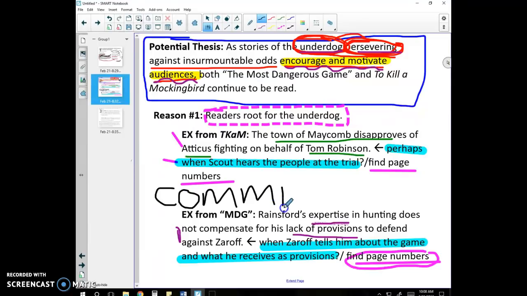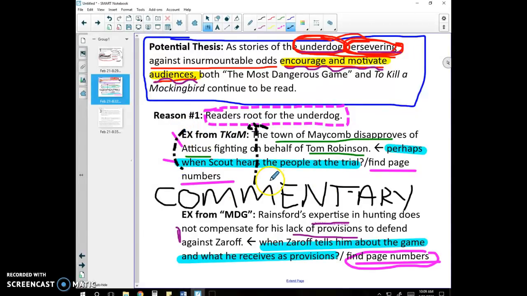There's no commentary because you have to write that, right? And in this case, commentary has to tell me why that would be something that makes them root for the underdog. So I'm showing how he's the underdog, but my commentary needs to explain why that means people would root for him.